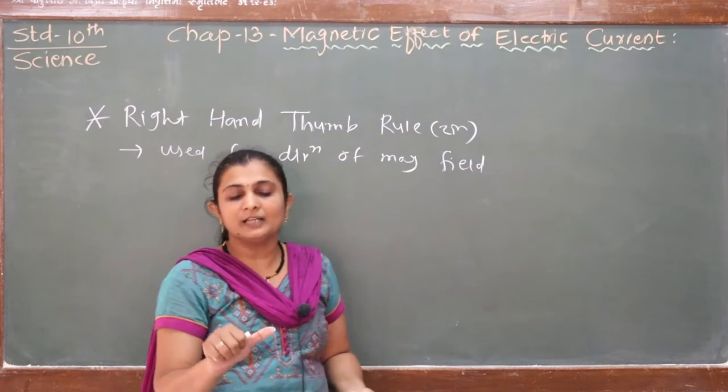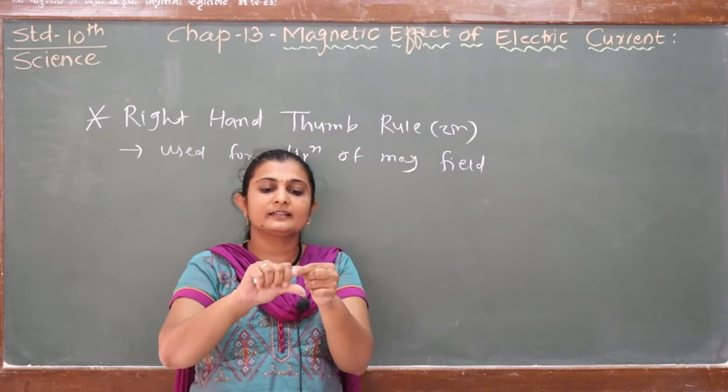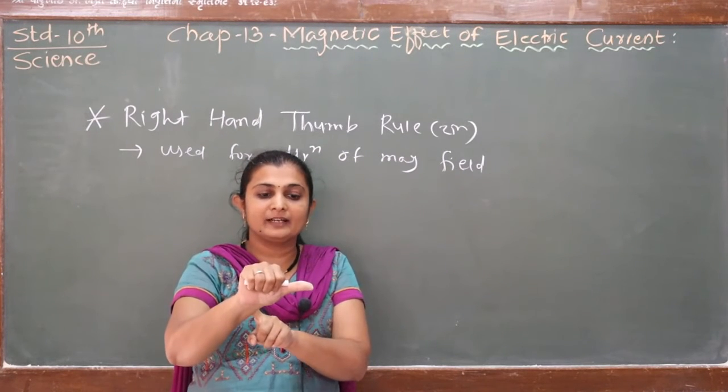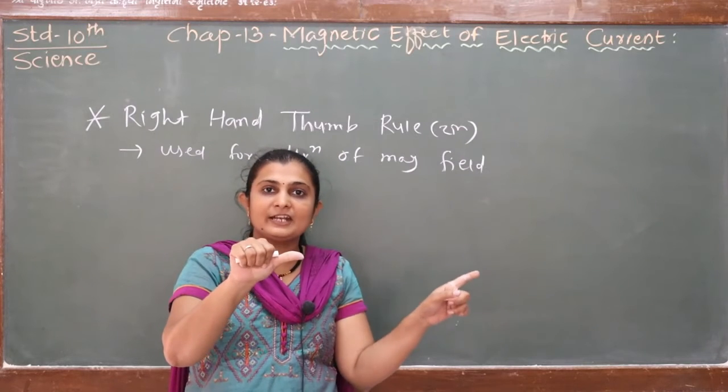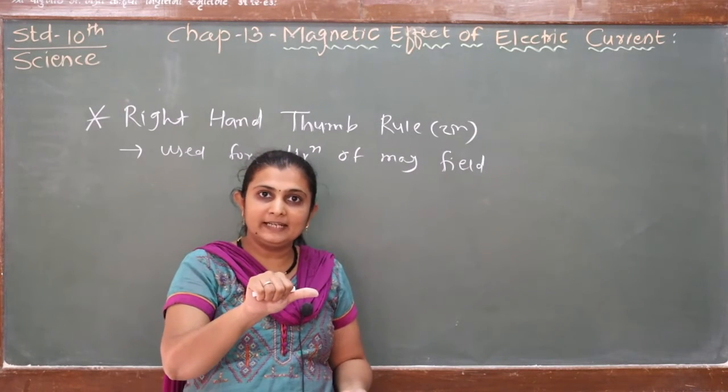Place a conductor, consider this chalk as a conductor, in your right hand. Then the thumb denotes the direction of current, and the wrapped fingers show the direction of magnetic field.